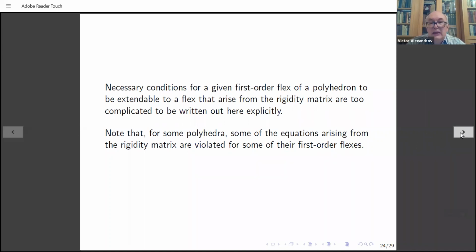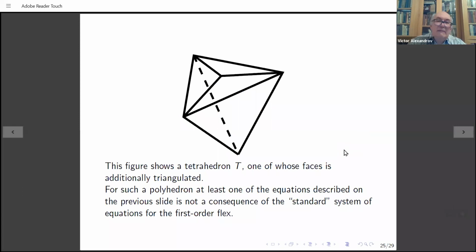I can explain this fact by simple pictures. This figure shows a tetrahedron T, one of whose faces is additionally triangulated.